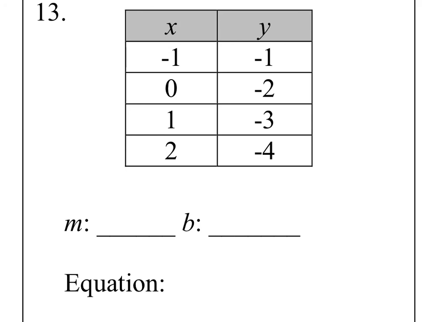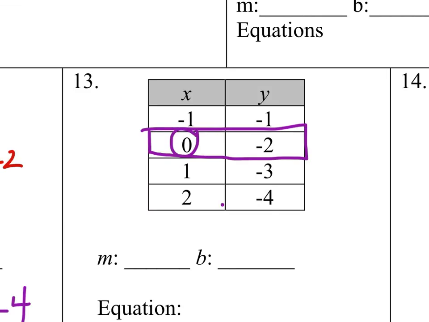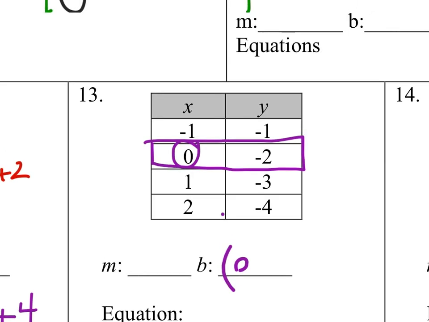Let's see. So, 0 is right here. So this would be the y-intercept. So b. Oh, I moved it. Wait. So then, -2.